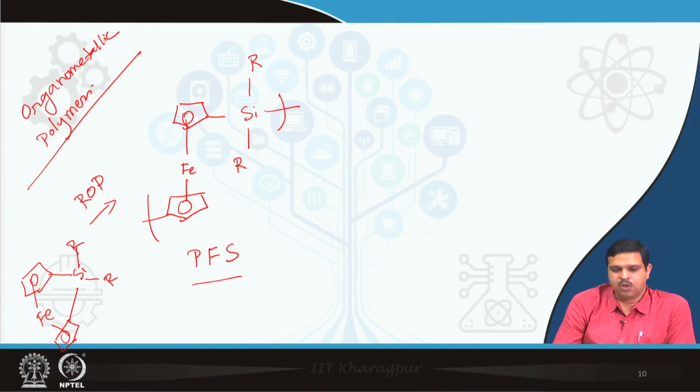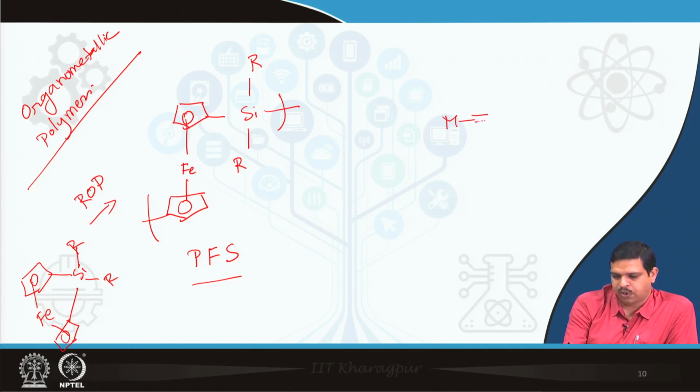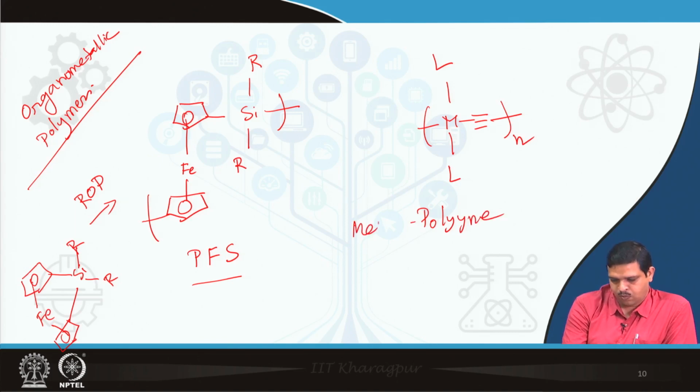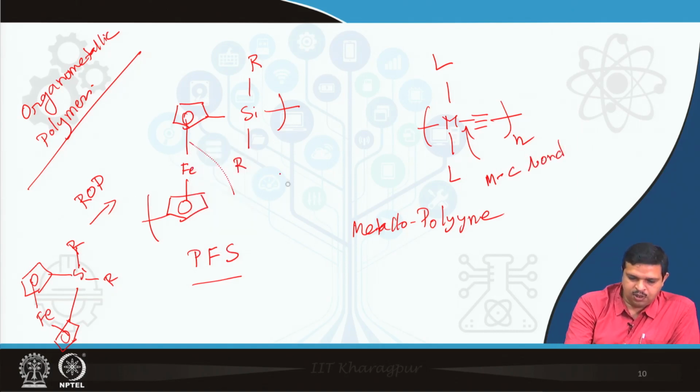Another category of very popular organometallic polymer is this category. This is called the metallopolyyne. You will see that you have a metal carbon bond, and here also you will see a metal carbon bond.